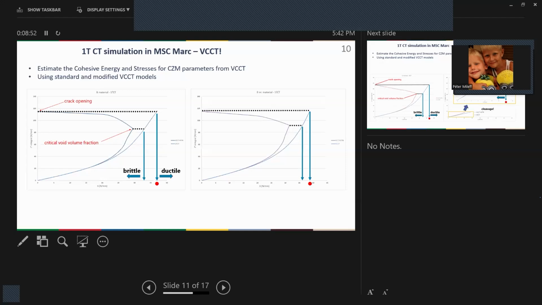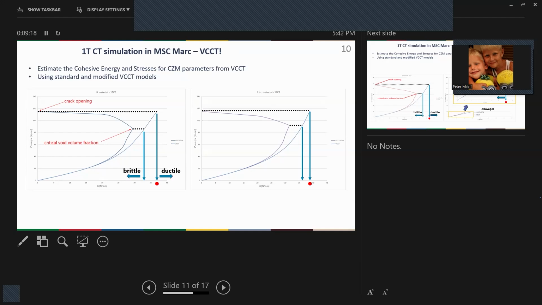We did this for both the plain VCCT simulation and the connected VCCT plus GTN simulation as well. On the connected simulation curves, we saw that there were 2 characteristic points that can be connected to the critical void volume fraction and the crack opening of the simulation.